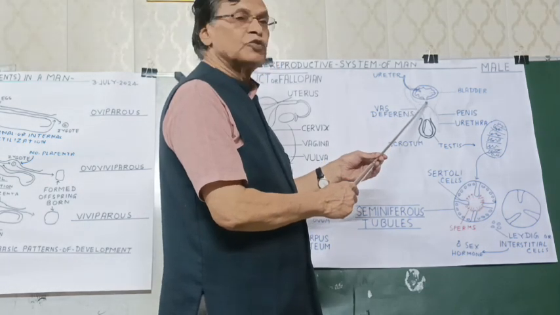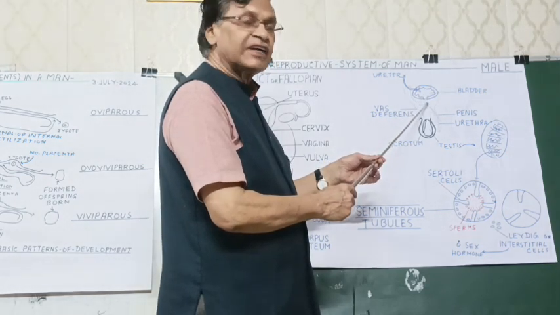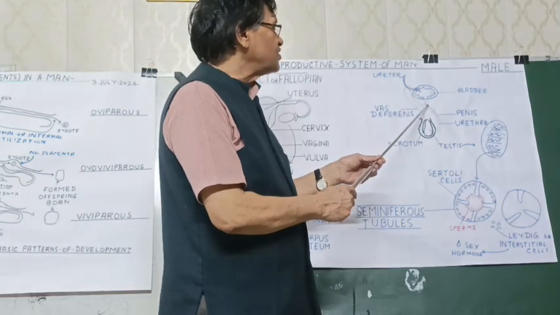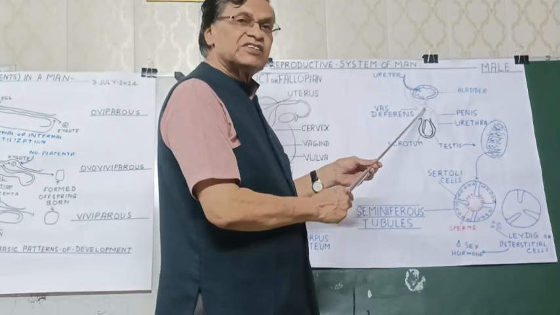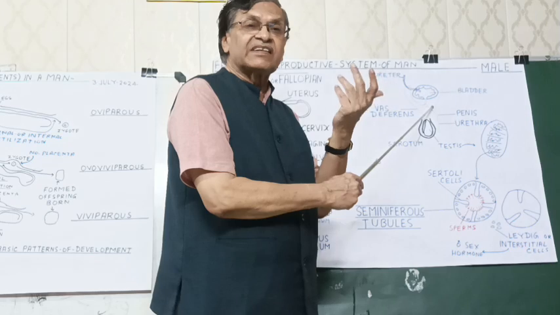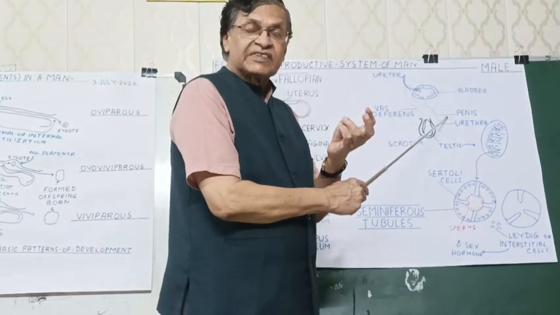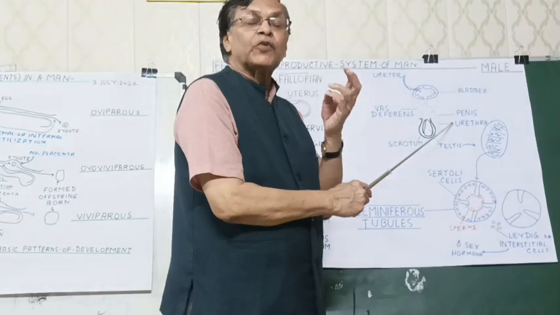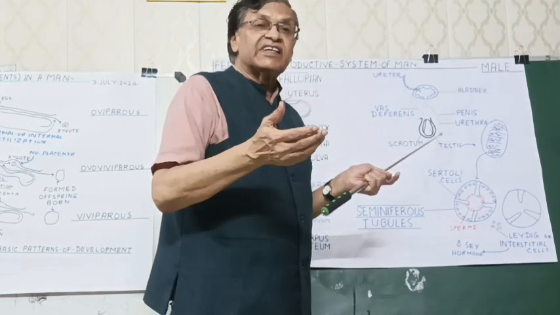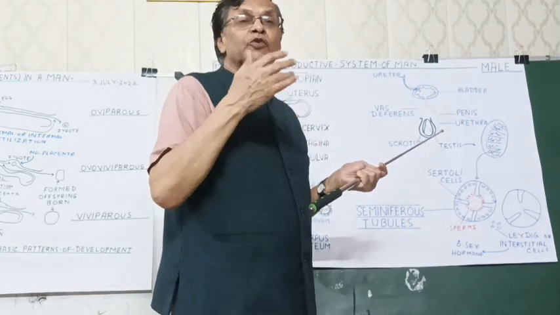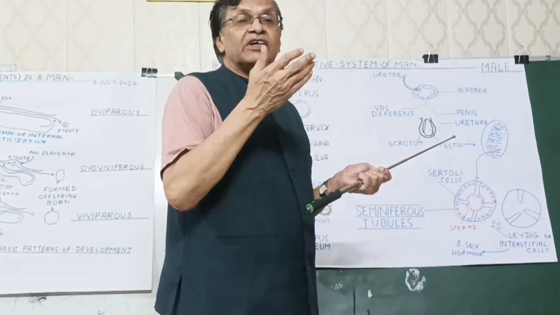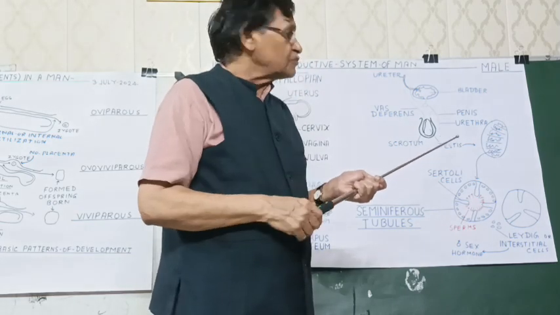The urinary bladder also releases a small duct which combines with this sperm duct. At this stage, some accessory male sex organs are there: seminal vesicle, Cowper's gland or bulbourethral glands, and prostate gland, which secrete certain chemicals which provide nourishment to the developing sperm.